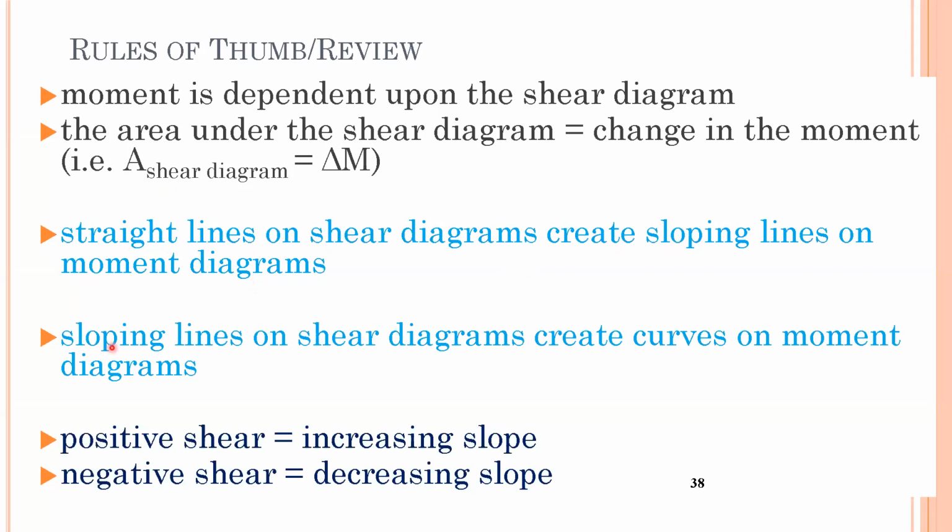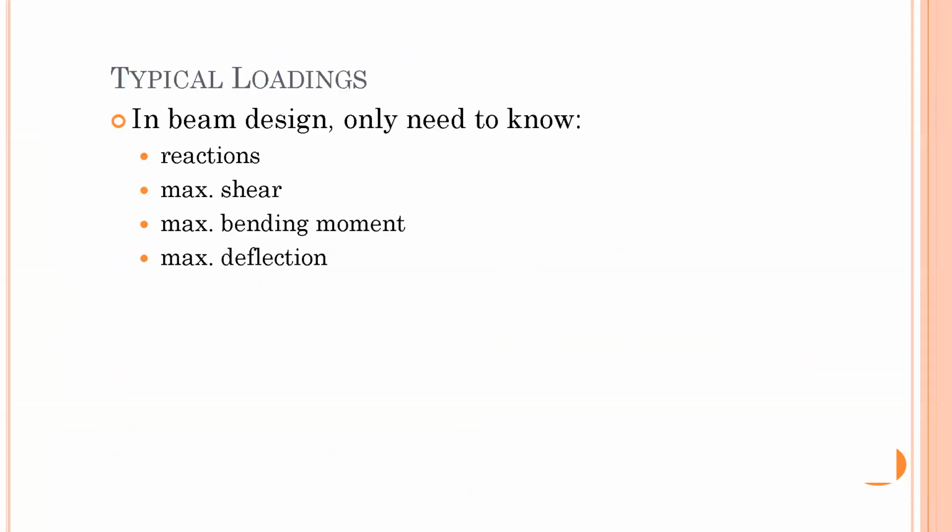I'll show you shortly. A sloping line on the shear diagram creates a curve on the moment diagram. Positive shear equals increase in slope. Negative shear equals decrease in slope. Those notes are there for a purpose. Go through them and understand them. Typical loading, and I'm going to show you some more.